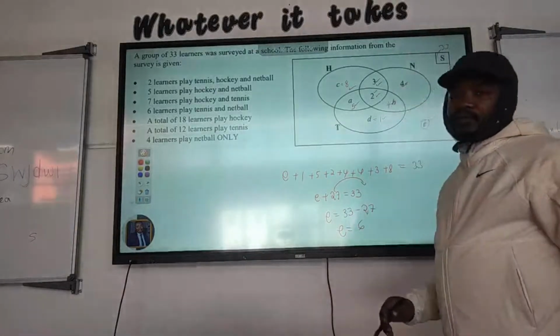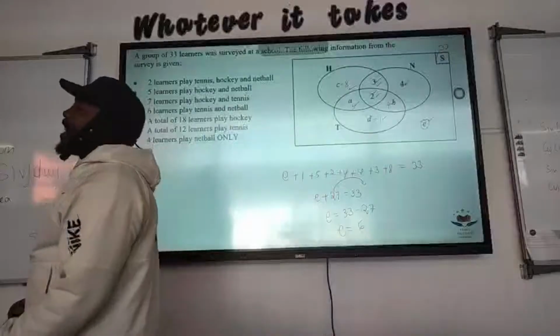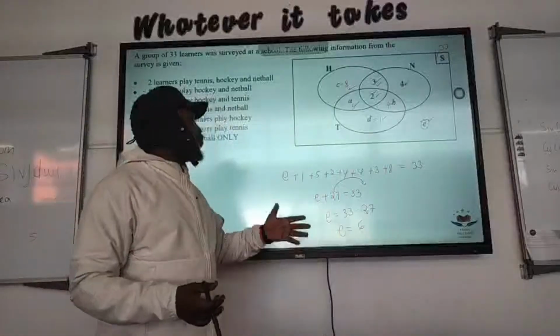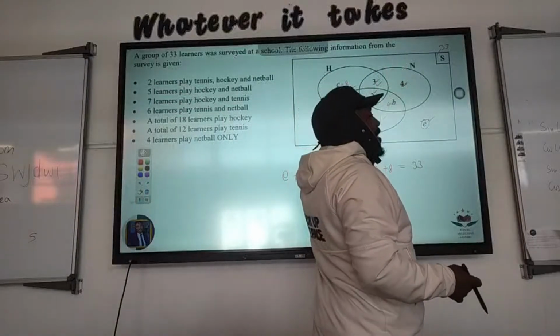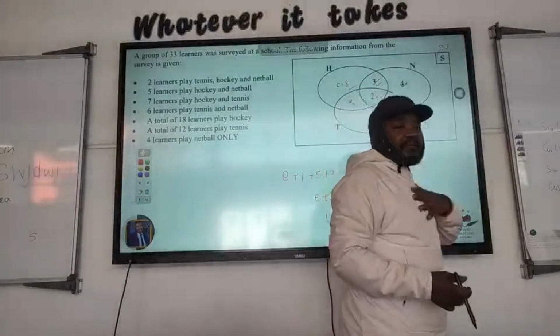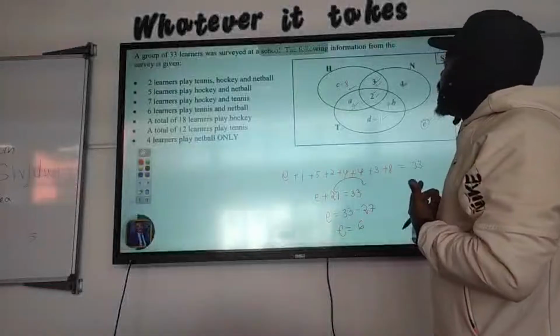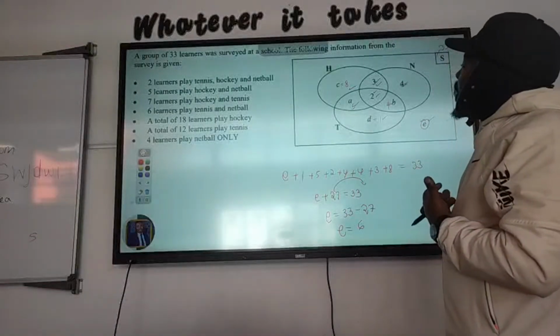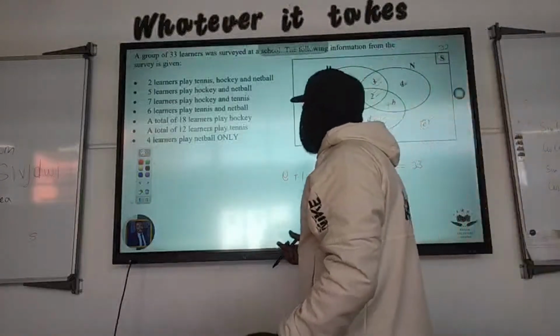So if you can complete the Venn diagram, and then they ask you any probability, you are able to take whatever you have here and divide by the total number. It will be your probability. For example, if I were to ask you, what is the probability of learners taking all 3 sports?